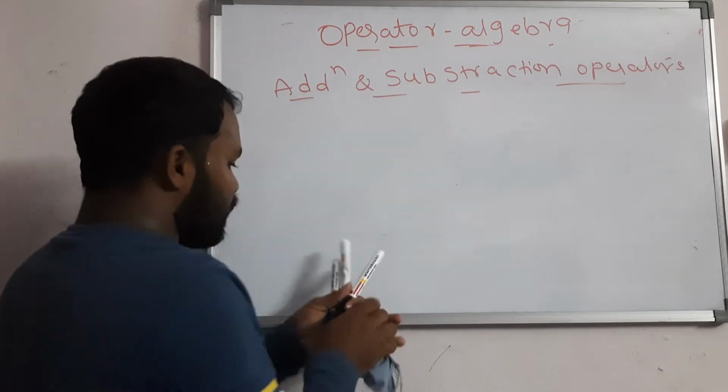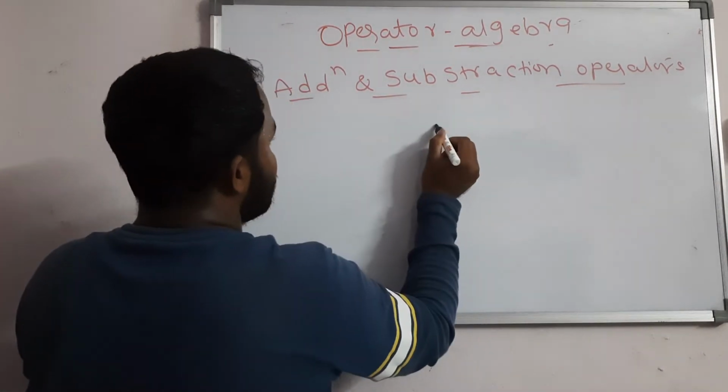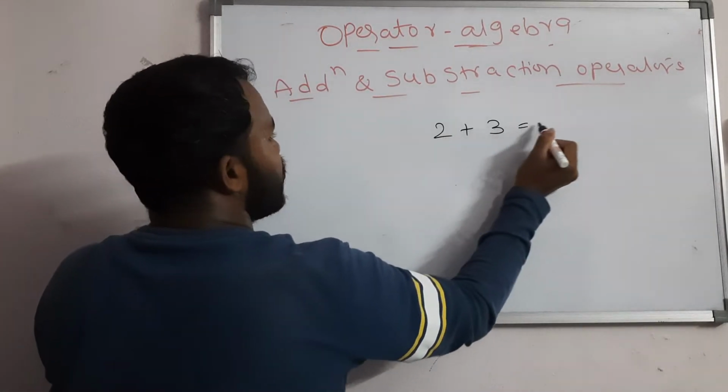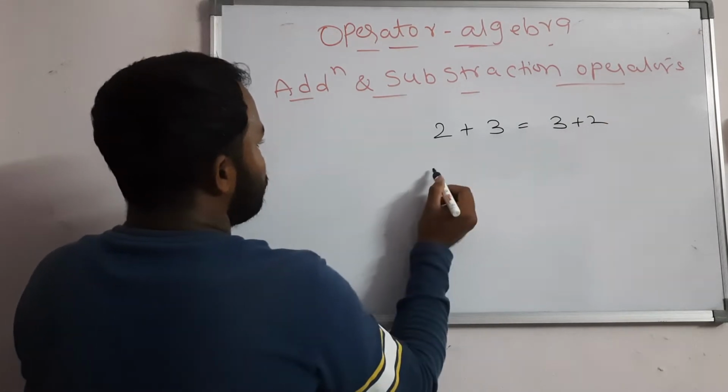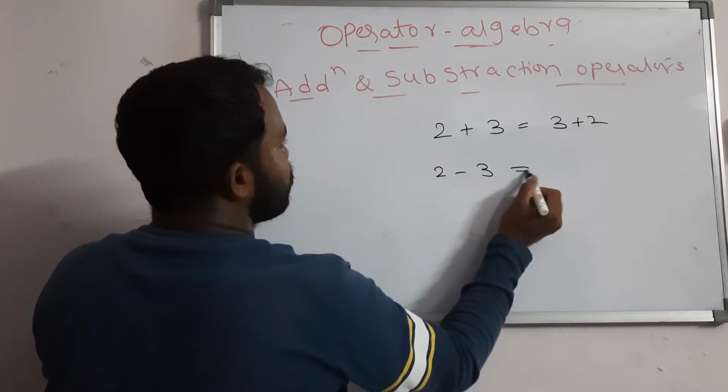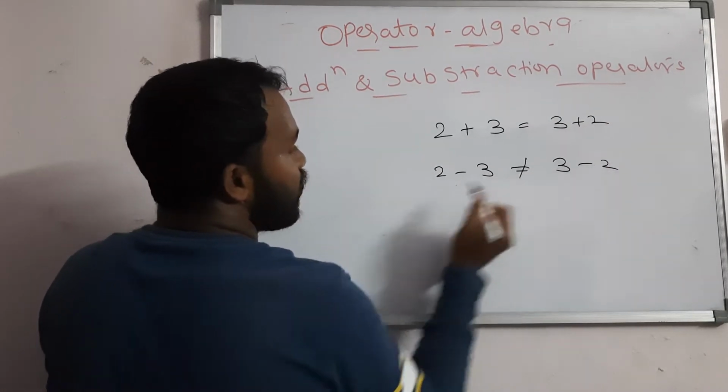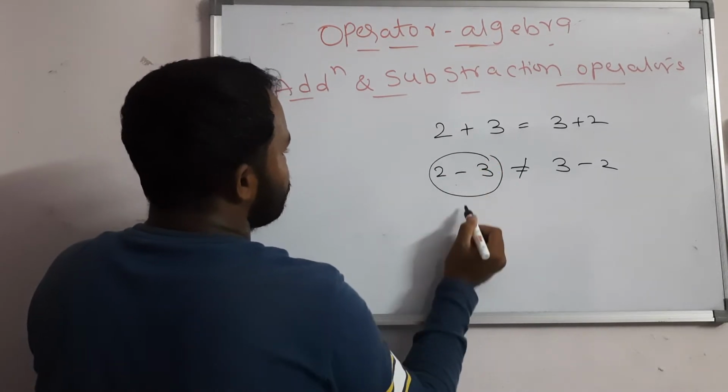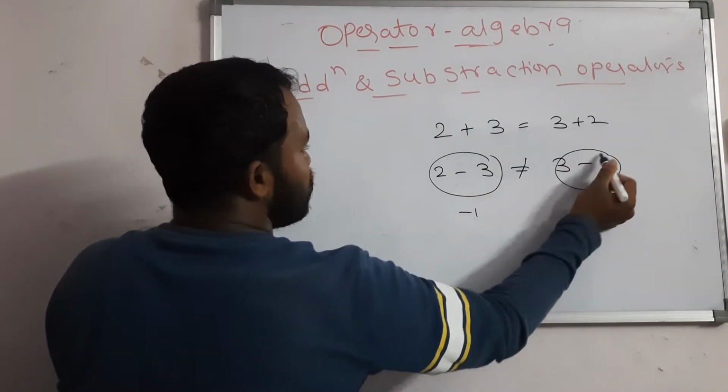Generally, you already know that 2 plus 3 is the same as 3 plus 2, right? But 2 minus 3 is not equal to 3 minus 2. The value of 2 minus 3 is minus 1, and 3 minus 2 is 1.